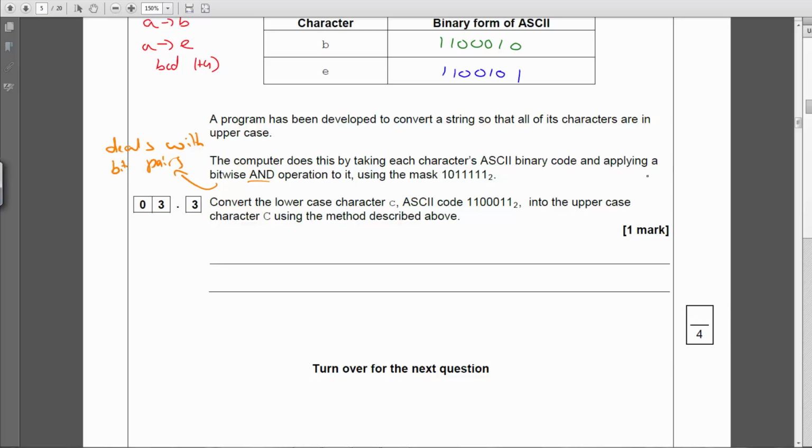A mask is something that can be used to keep certain bits of a binary number, and ignore or mask out other bits.